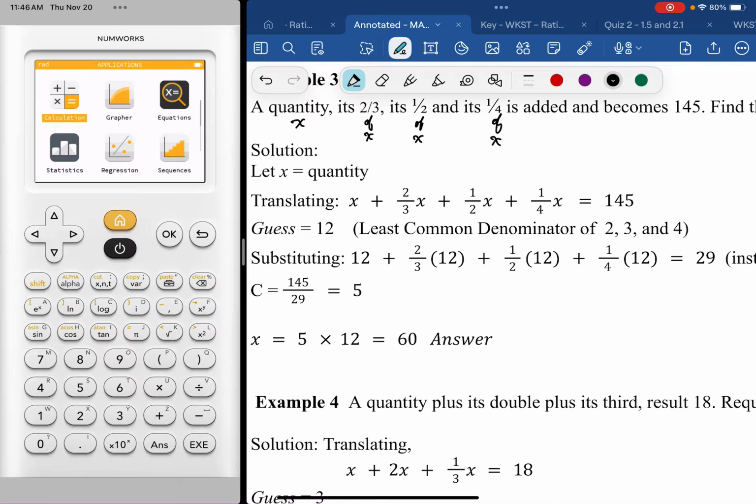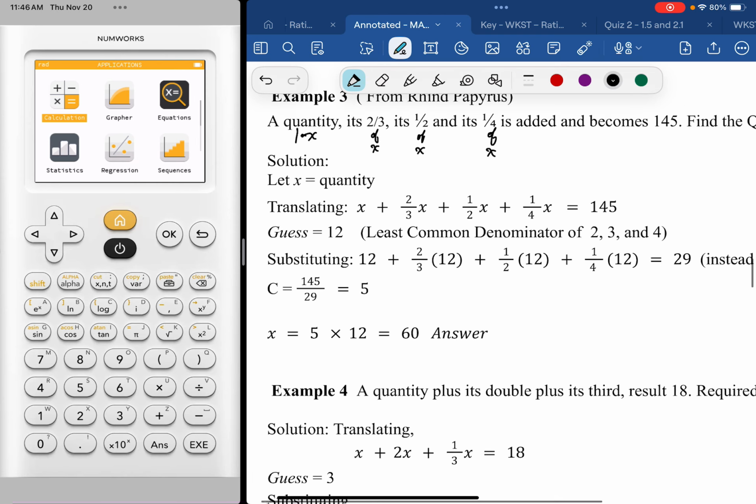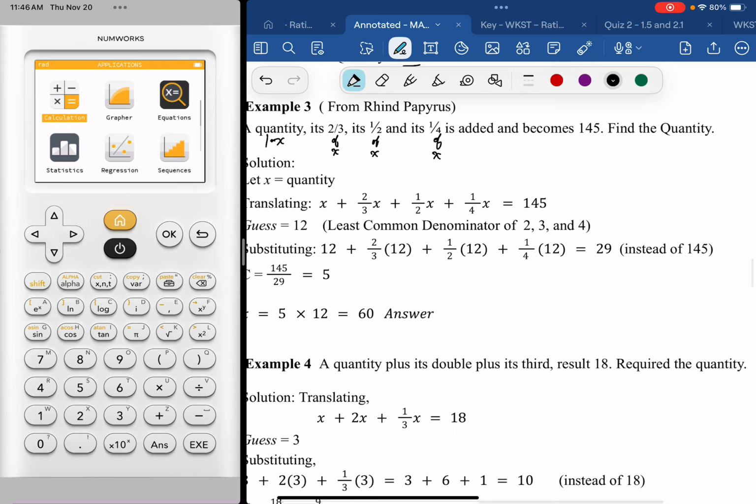So when we say of, it means multiplication. So the quantity in its entirety, so 1 times x, 2/3 times x, 1/2 times x, and 1/4 times x all adds to equal 145, right?